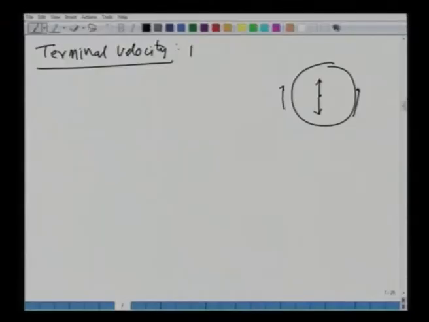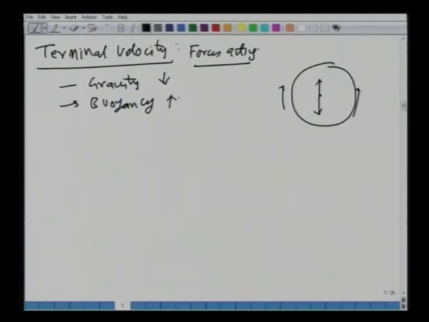So, if you want to look at what are the forces that are acting on a raindrop when it is falling through the air, we will say that there are three forces acting. Gravity is acting downwards, there is buoyancy or buoyant force acting upwards, there are drag forces acting upwards.